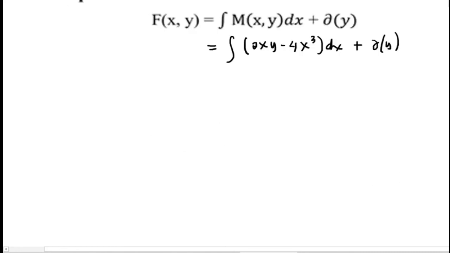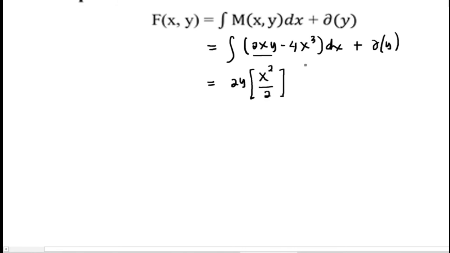To integrate the 2xy, our x is variable while the y is constant. So to integrate this term, I have to write the constant 2y. Then I have to integrate the variable x, that is x squared over 2.